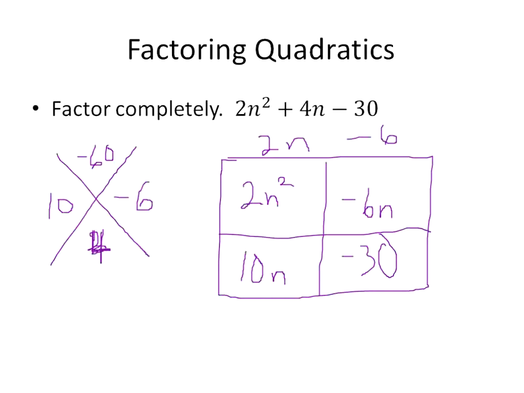Don't change yours, because you're not wrong. Can you see why it has to be a negative 6 from what I'm looking at? Okay. So now if that's the case, what number is going to go out front so I get 2n squared? n. And what goes here?